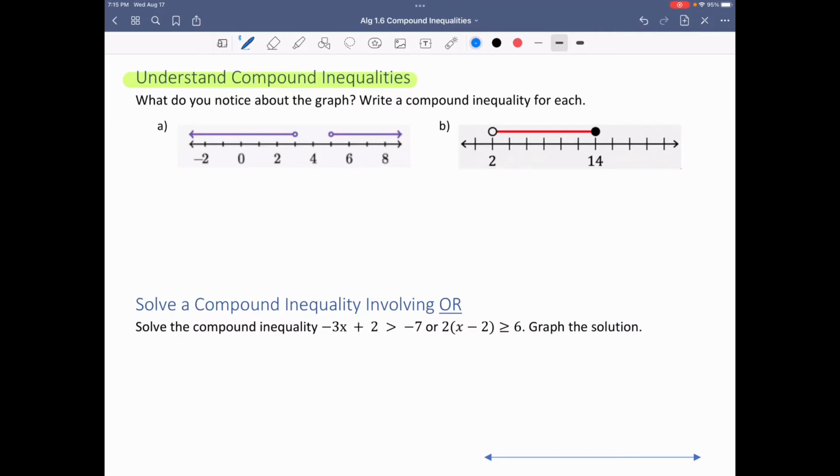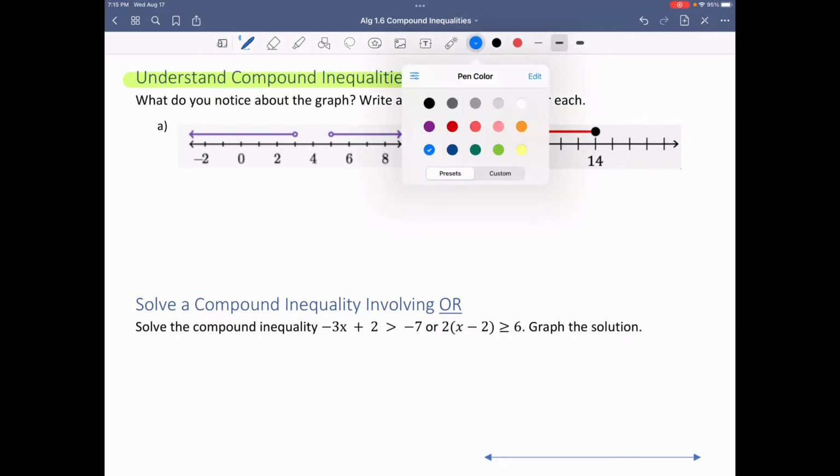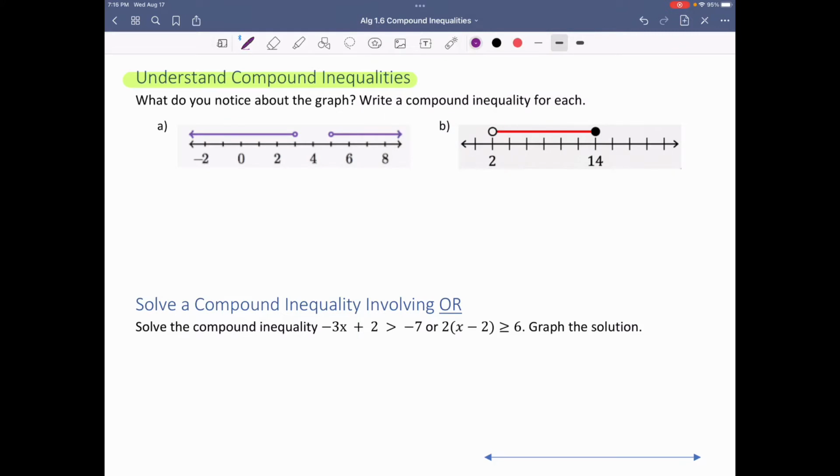What do you notice about the graph? Write a compound inequality for each. On this graph A, we notice that there is an inequality that starts at 3 and it is less than 3 because it goes in the less than direction. We also have it starting at 5 and it is greater than 5.